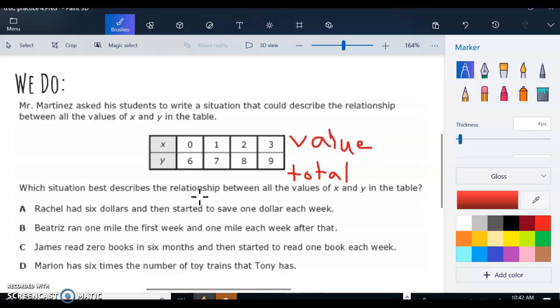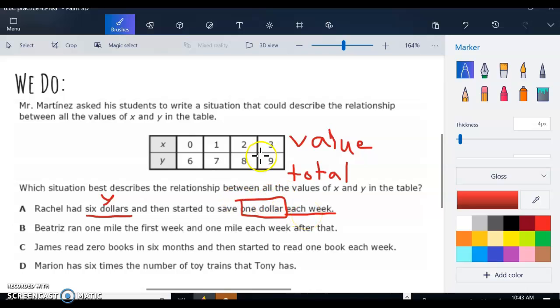Let's look at answer choice A. It says Rachel had $6 and then started to save $1 each week. So she started out with a total of $6. That's going to be our y, because the amount of dollars she has depends on the amount of weeks that go by. So you have $1 each week.